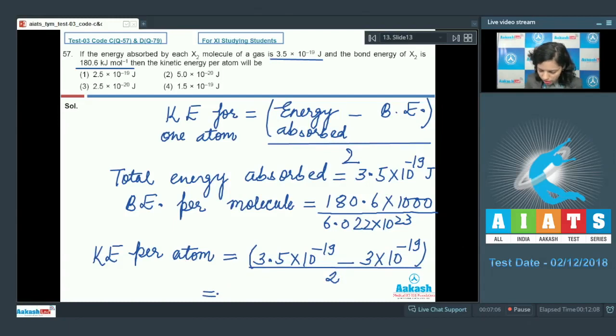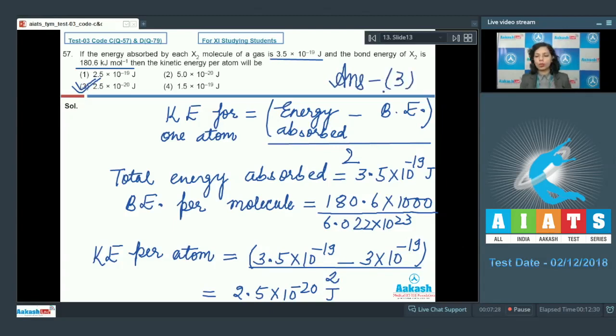And if you solve this, you find out this value is 2.5 into 10 raised to the power minus 20 joule. So this is the kinetic energy per atom. And if it is so, the correct answer is given in option 3. So the answer you can choose for this question is option 3.